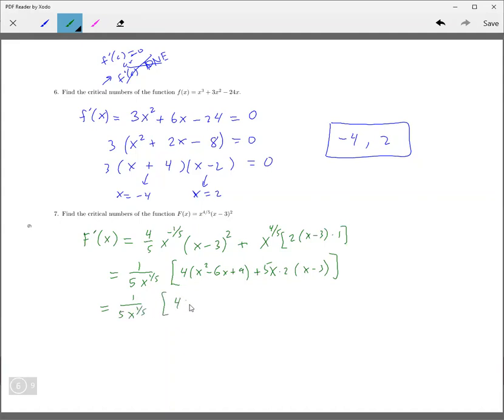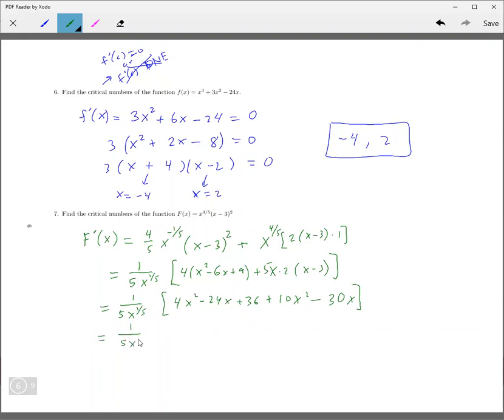Okay, so this is 4x squared minus 24x plus 4 times 9 is 36. And then this is 5 times 2 is 10, so that's 10x squared minus 30x. Dang, I think I should have been more careful with that.